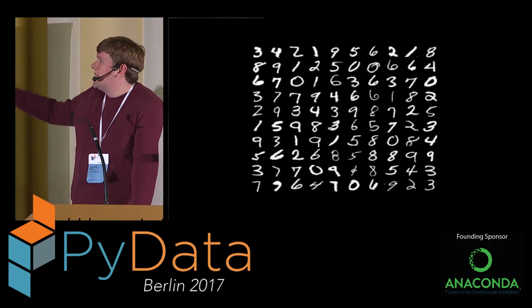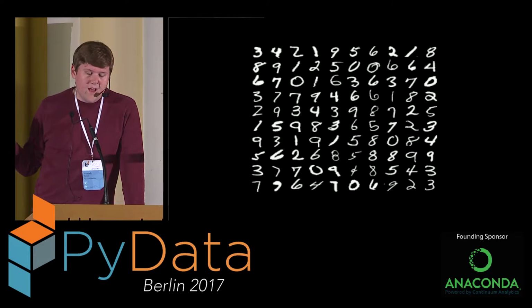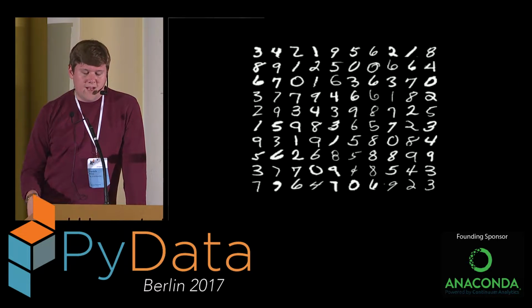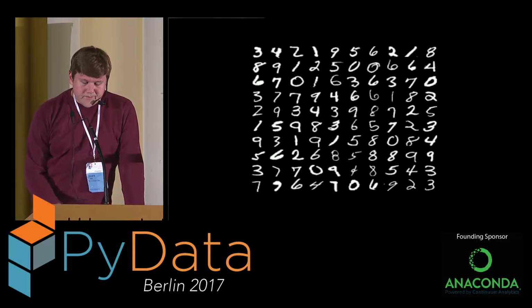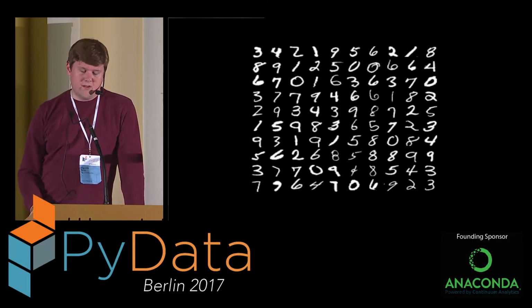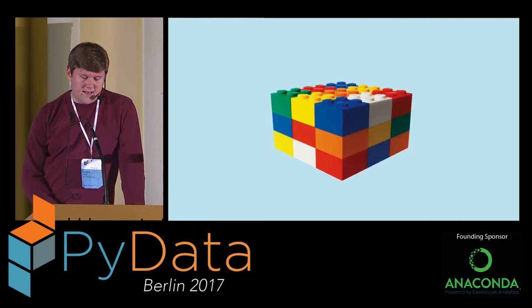But if you were tasked with writing an explicit program for that, it will be very, very hard, because it's really hard to tell what makes a 6 a 6. It gets really philosophical. But of course, you can just learn it from the data. You can just infer it from the data.